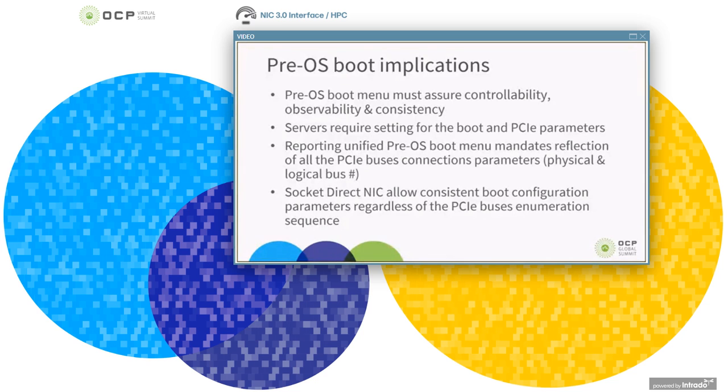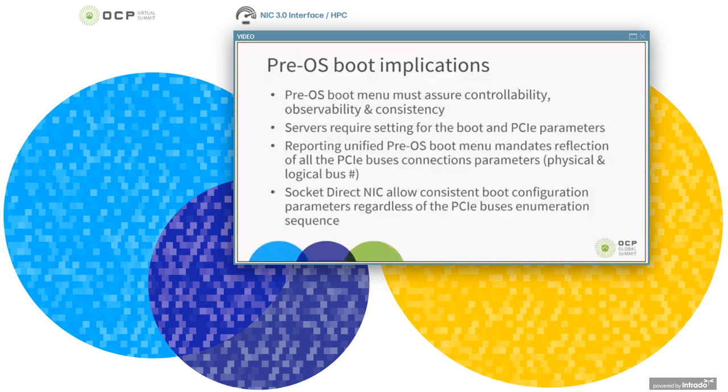Therefore, reporting unified pre-OS boot menus really mandates reflecting all this information in a single coherent set of menus. Now, Socket Direct NIC really allows you to get exactly that: consistent boot configuration parameters in one set of menus, regardless of the PCIe bus enumeration sequence.